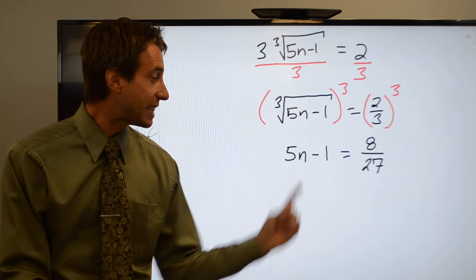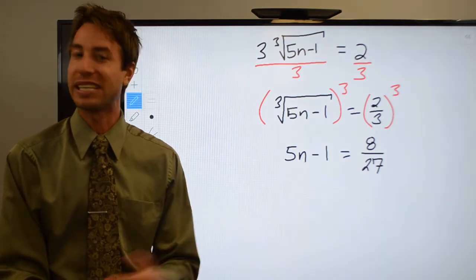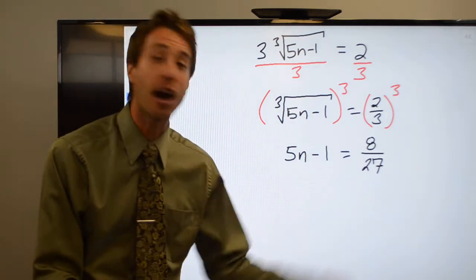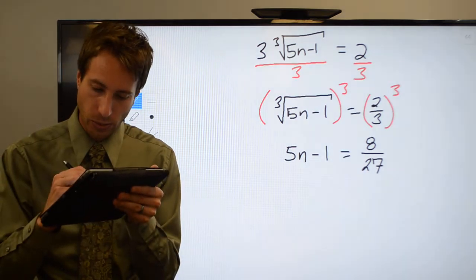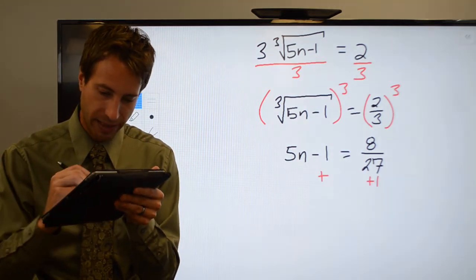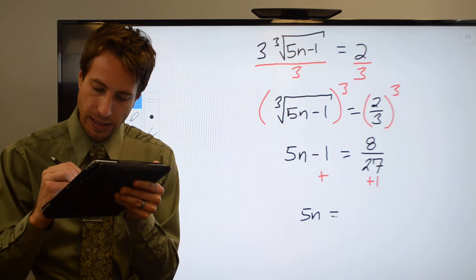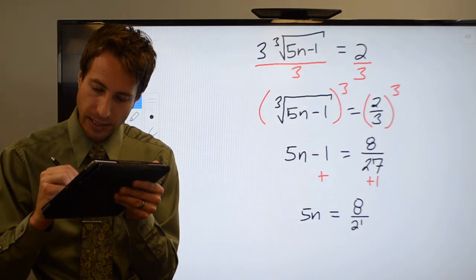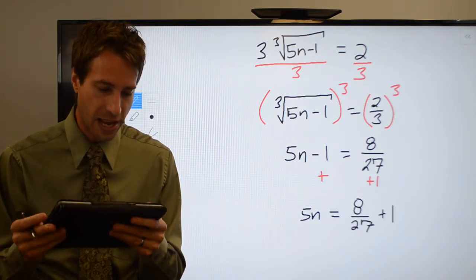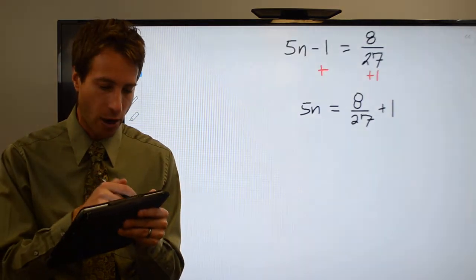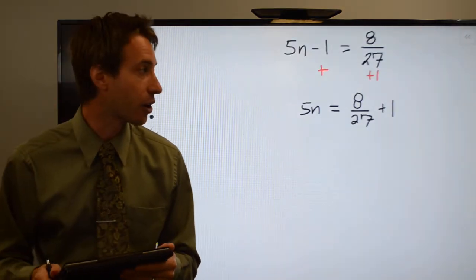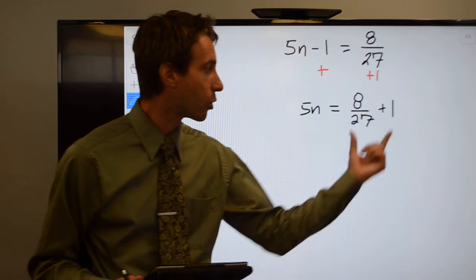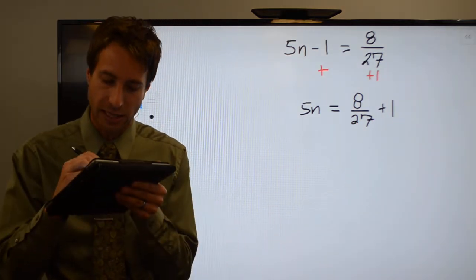All right, well, I have to get the n by itself. I'm trying to solve for n, so I need to isolate the n. That means add a 1 to both sides. So we'll add 1, add 1. That leaves me with 5n is equal to 8/27 plus 1. Now, you could certainly just do that on your calculator if you've got one with you. I don't have a calculator with me, so in order to add these, I need a common denominator.